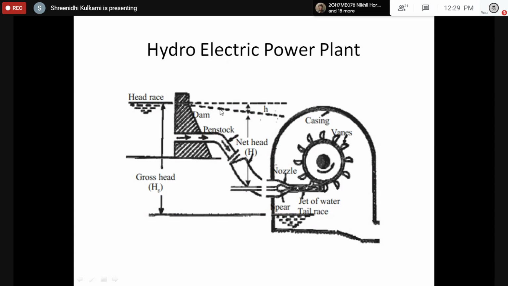The distance from this level up to the nozzle level, we call it the net head. Why do we get the net head? Because some of the water is already flowing through this penstock and entering into the turbine. So that height we call the net head.